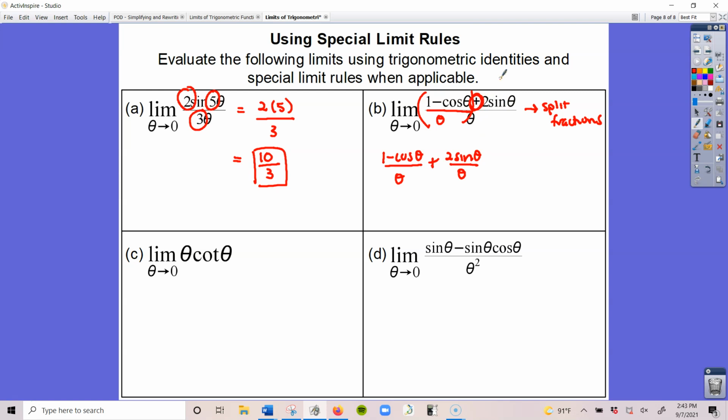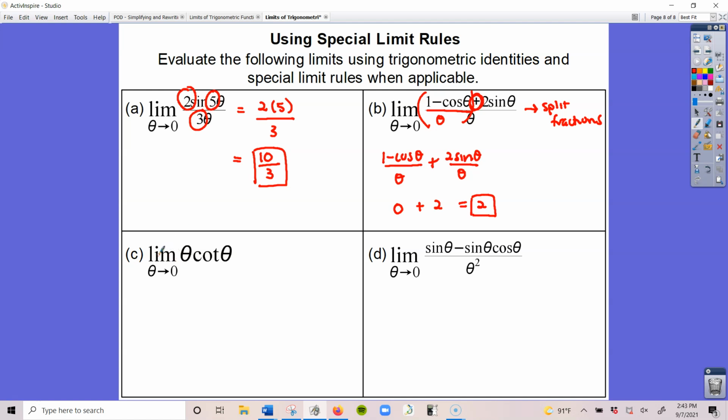Everything is over theta, so I split it up so I can see my special limits. 1 minus cosine theta over theta, this is 0. Plus 2 sine theta over theta, we know that sine of theta over theta is 1, so multiply the 2, it is 2. And 0 plus 2 is equal to 2.